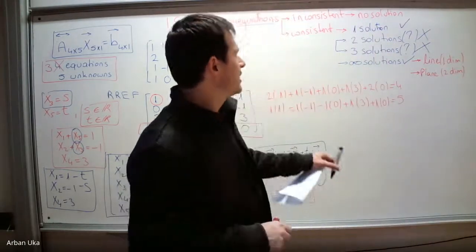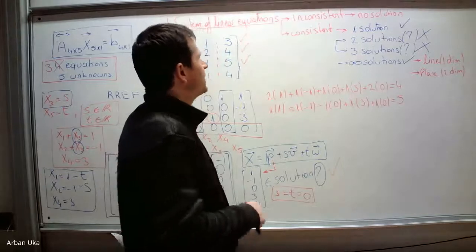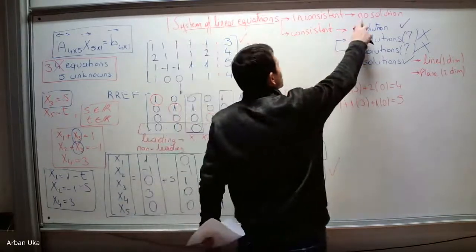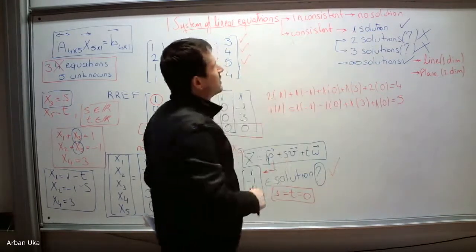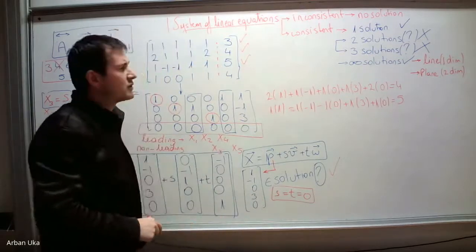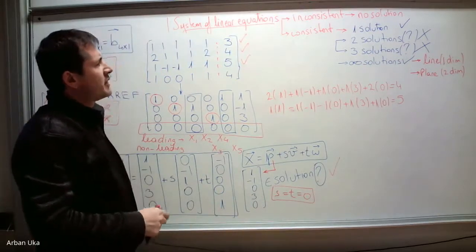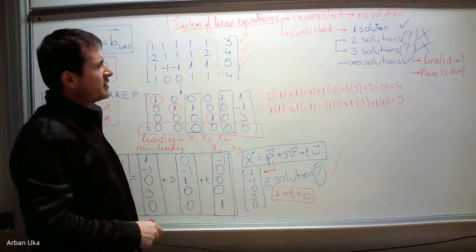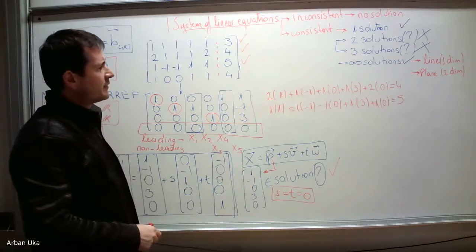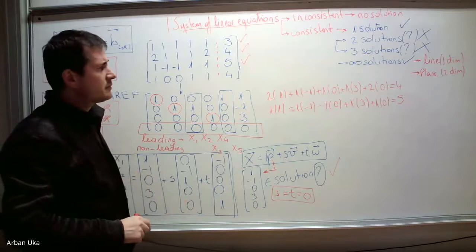Okay. So we can say here that the solution space is empty if we have no solution, which would mean that the system of linear equations is inconsistent. We would have dimension 0 if we have only one solution.